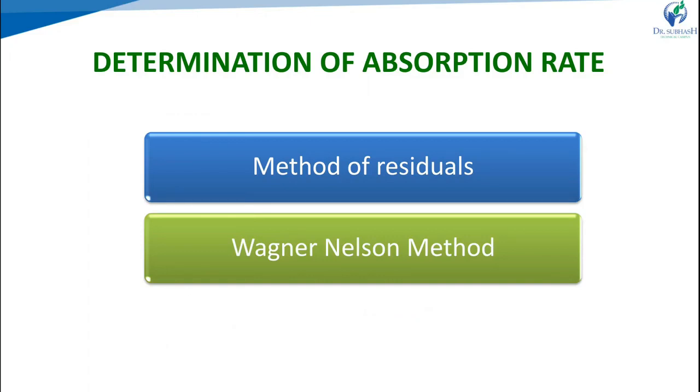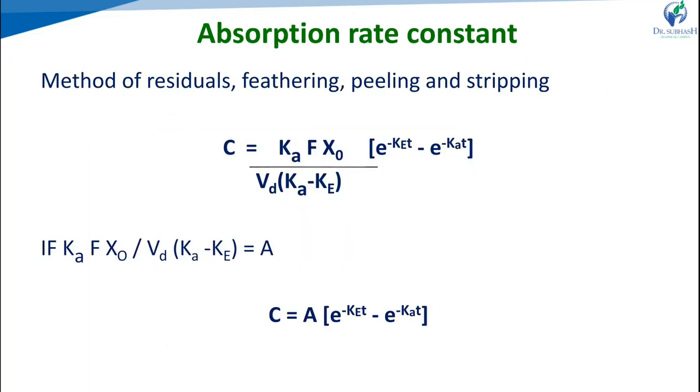Next is the determination of the absorption rate constant. This is the most important part, to find the Ka value. It can be calculated by the following two methods: the method of residuals and the Wagner-Nelson method. We will see them one by one.